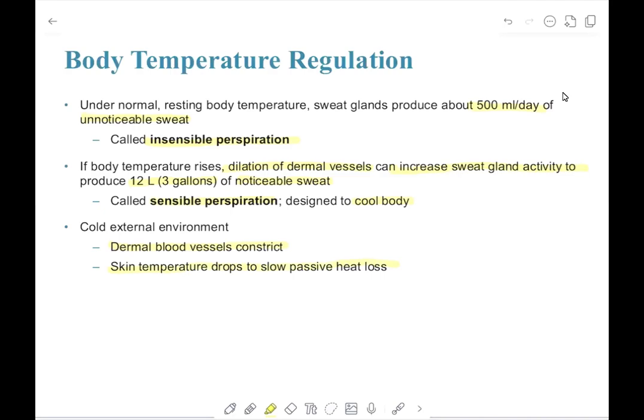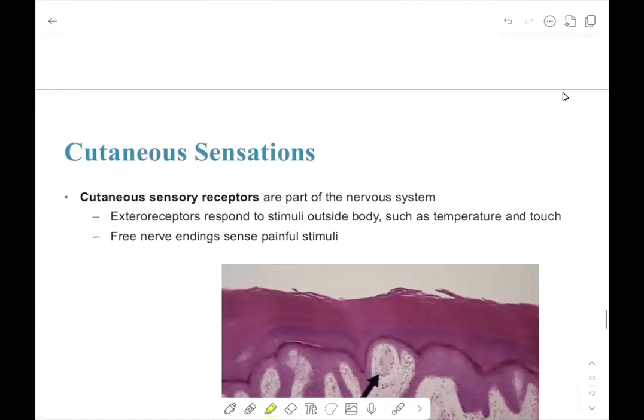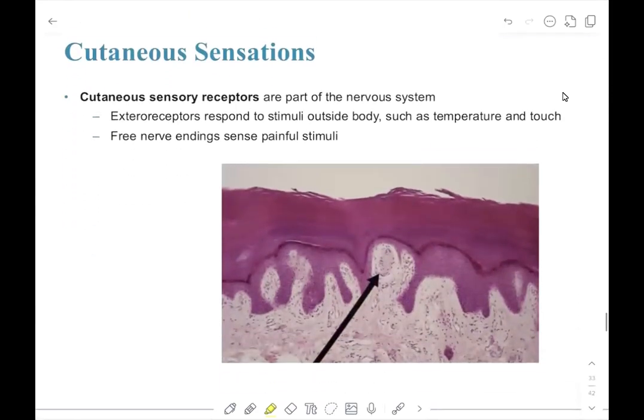The third function is the cutaneous sensation. And the cutaneous sensation begins with sensory receptors. So it's really part of the nervous system. They're what are called exteroceptors because they're on the external surface of the body.